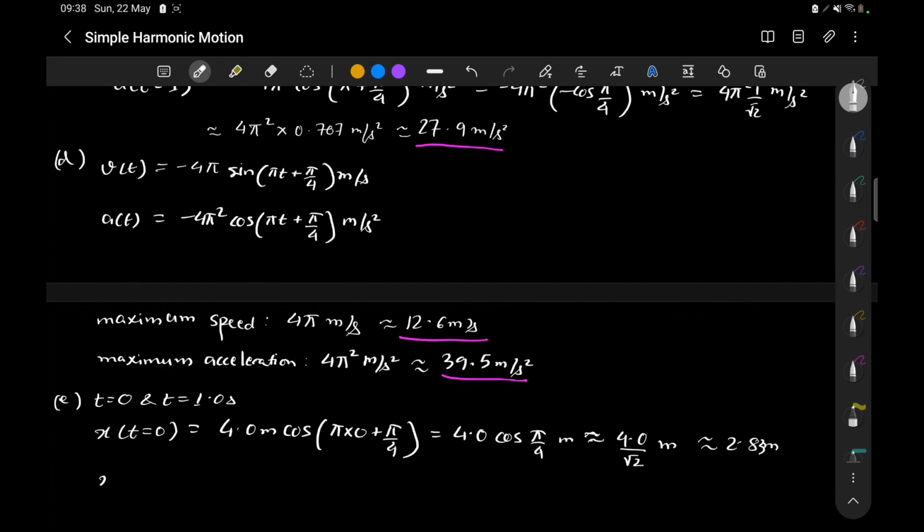Now the position at t equal to 1 second is as follows.